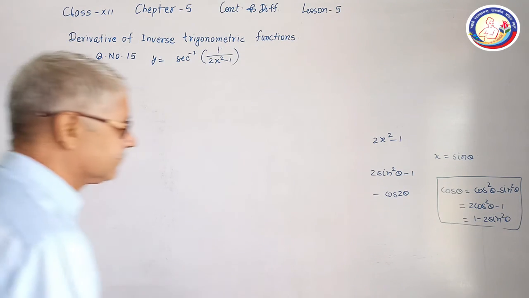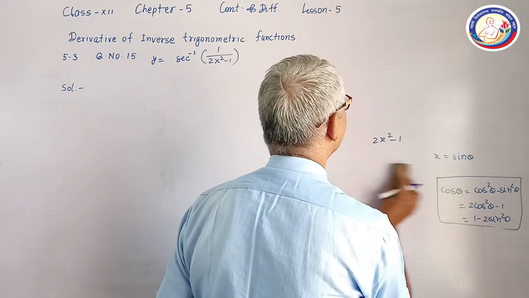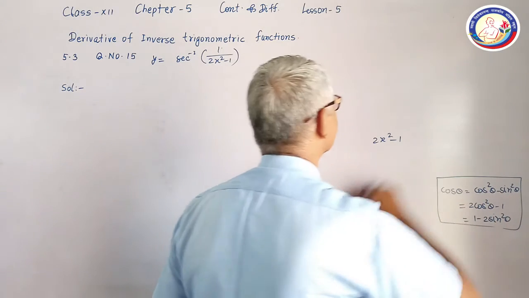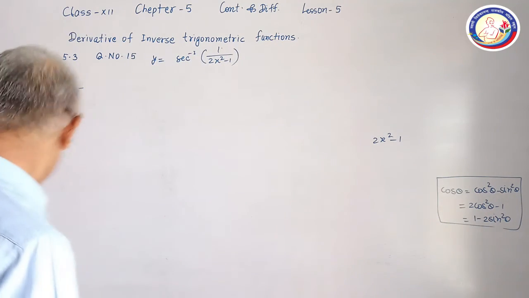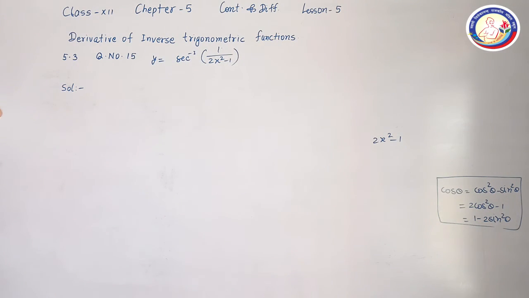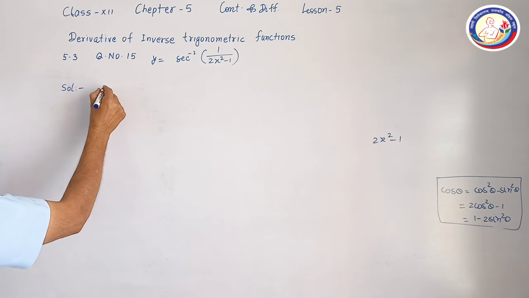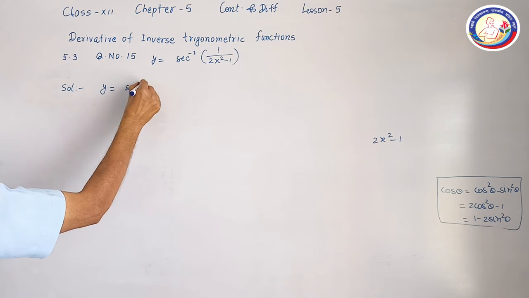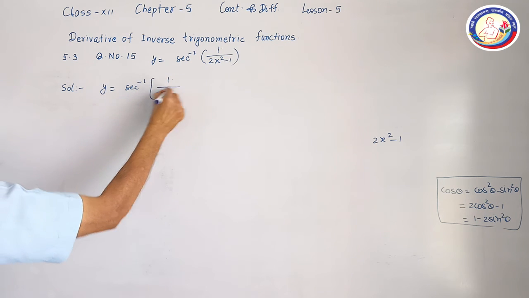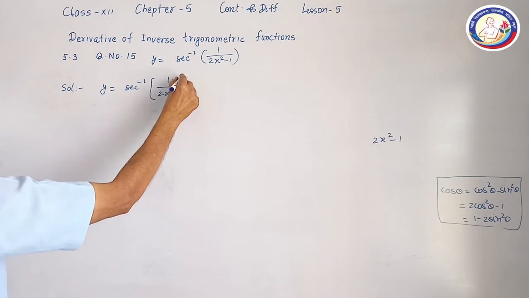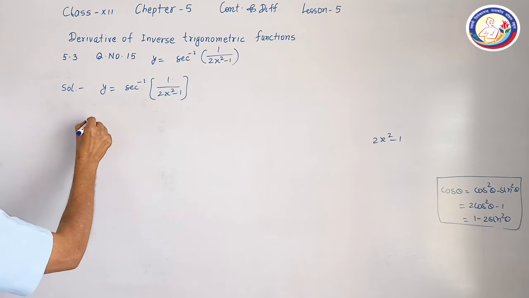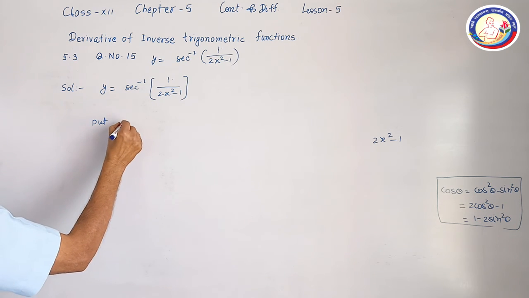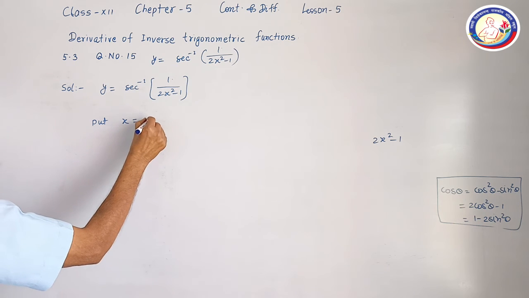What will we do? We will put here cos theta. So we have y equal to sec inverse of 1 upon 2x square minus 1. Put here x equal to cos theta.